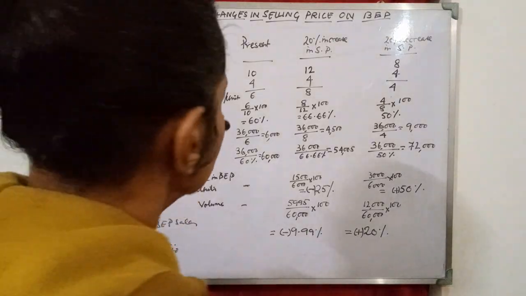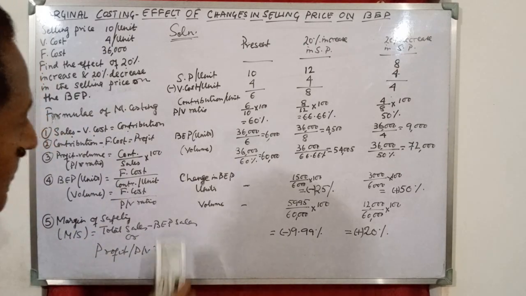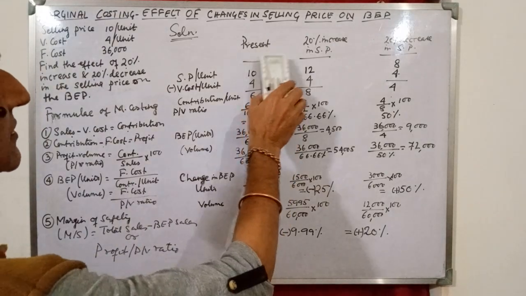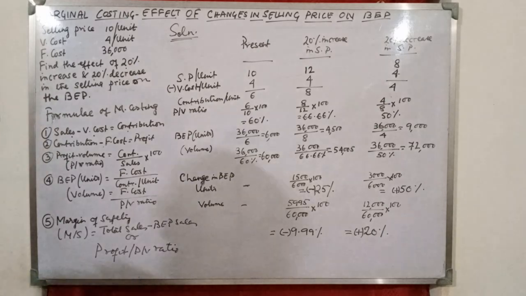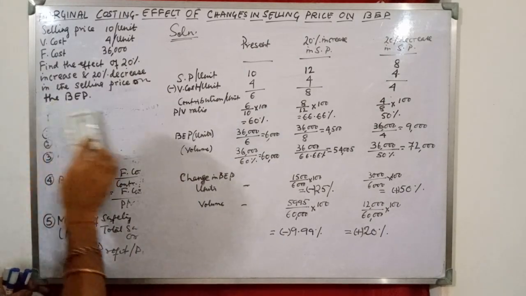Now I am erasing some parts so that I can draw a diagram to show the impact of three price levels. So I am erasing this part, this formula part.